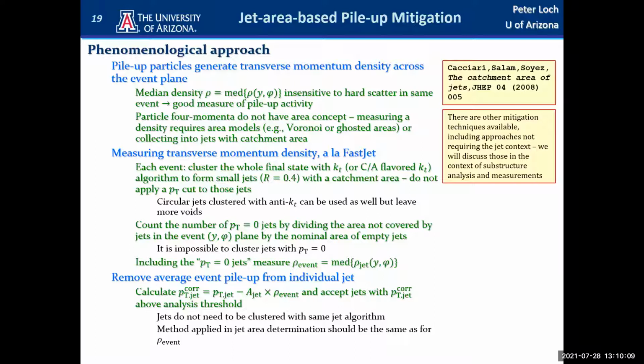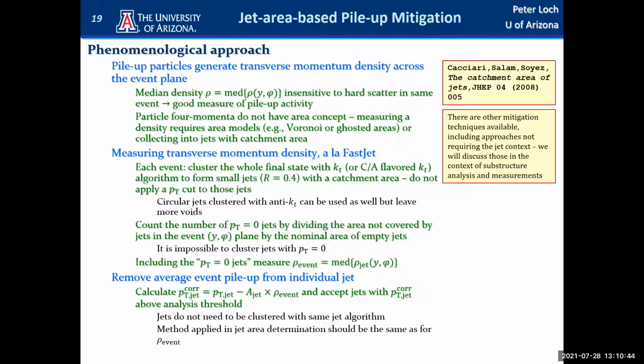It's well explained in the paper that is linked on the right side of the slide. It's a certain fraction of pi r squared, and what you do is take all the void areas in the event plane, sum them up to get the total area, and divide by the area of the empty jet. So you count how many empty jet areas you can get into the open area.